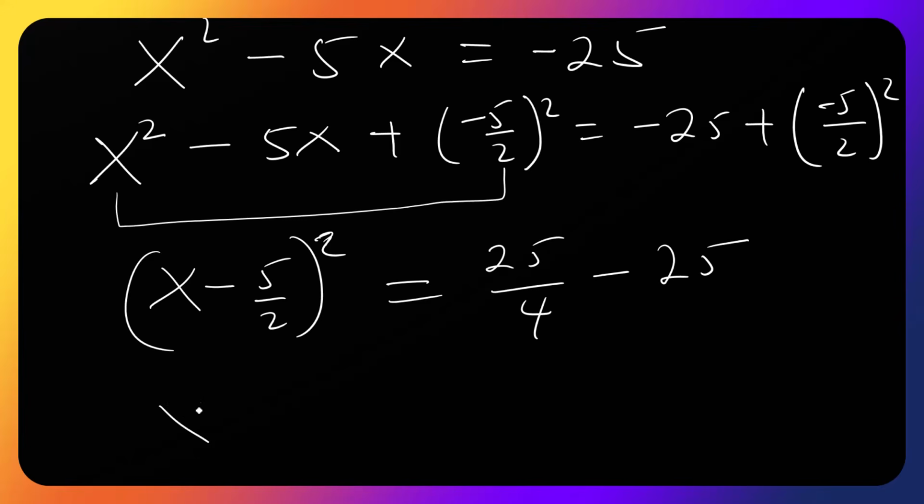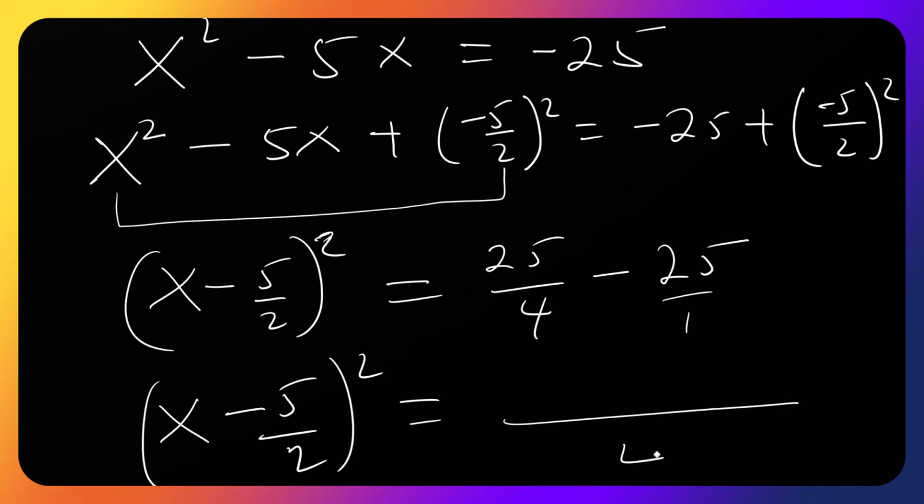So from here, x minus 5 on 2 all squared is the same as, so we can find the LCM here. 4 here, 1 times 25, 1 into 4 is 4, times 25 will be 100.